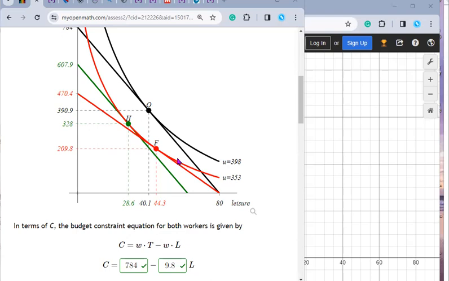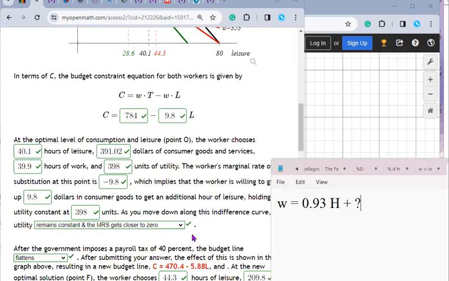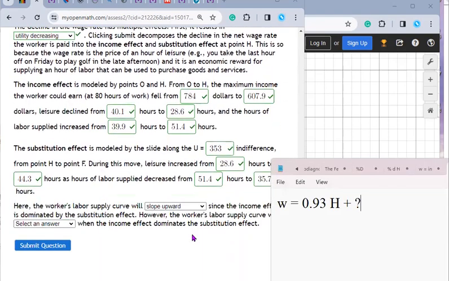So the slope of the labor supply curve is positive, as we said here, and it slopes upward because the income effect is dominated by the substitution effect.